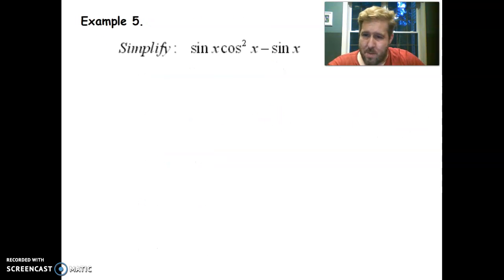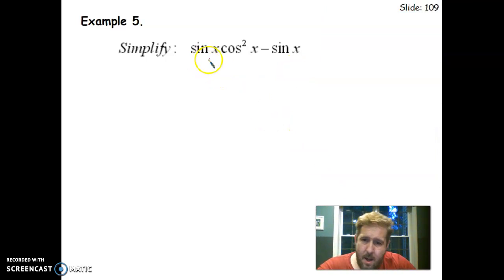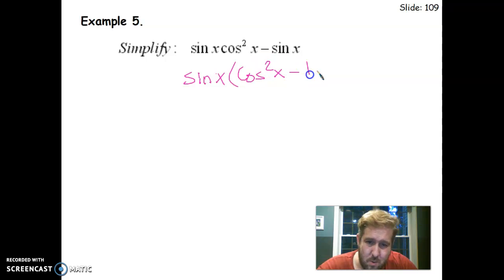I don't want to do too many of these because we're going to focus on that in the next video. When I look at this, and these are trig identities, being able to simplify them, I noticed that both of these terms have sine of x involved. So I'm going to factor out that sine of x, and that leaves me with cosine squared of x minus 1.